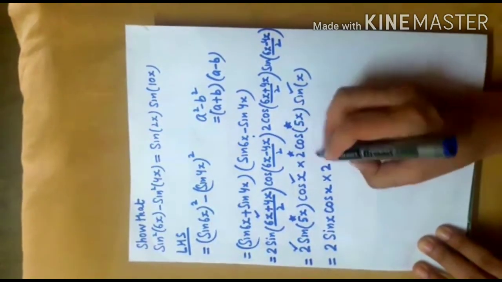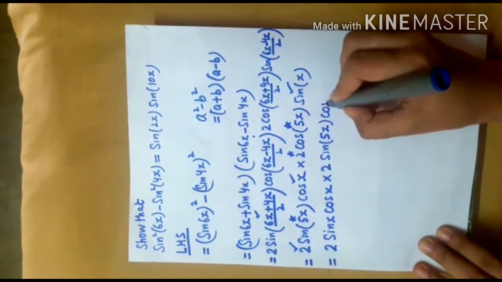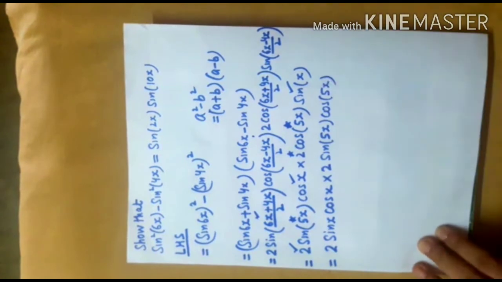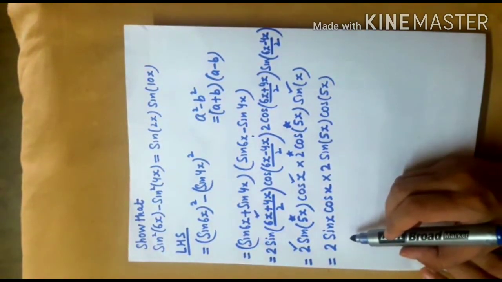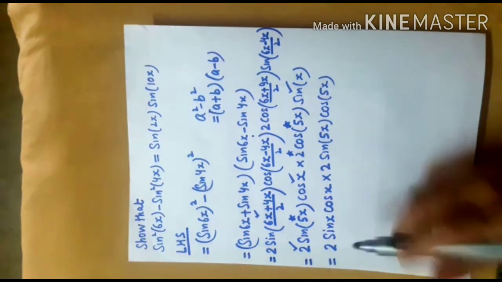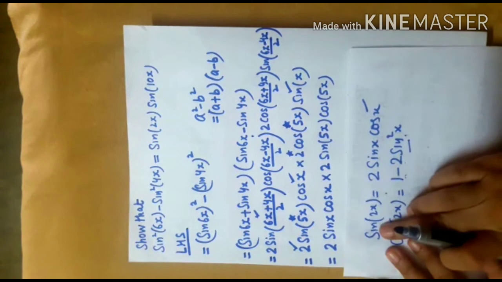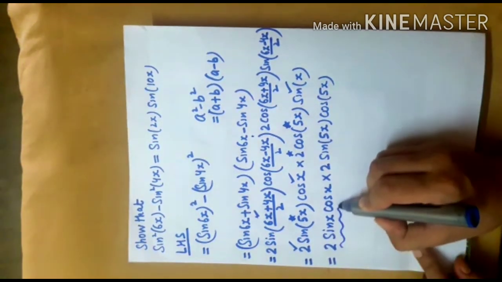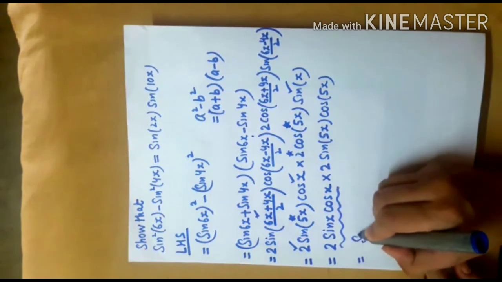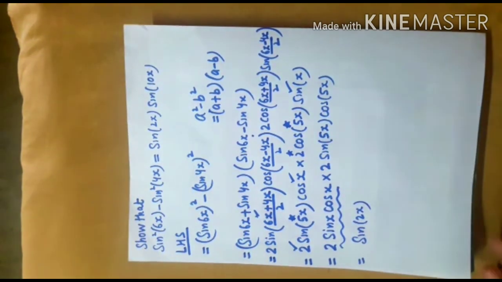So it will be 2 sin 5x cos 5x, right? Yes, we learned that 2 sin x cos x is equal to sin 2x. So can I write this as sin 2x, right?